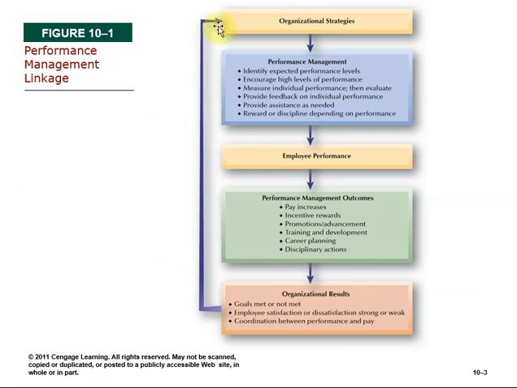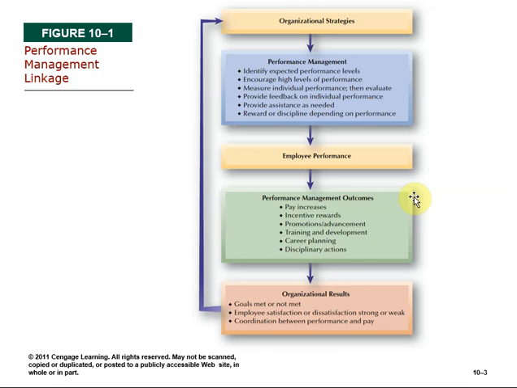This is the overall process outlined on this slide. It always starts, once again, with the organizational strategies and where the organization is trying to go, who they're trying to be, what their key initiatives are that year. That's fed into the performance management process, which then the employee understands what they're supposed to do, and they actually engage in their performance. From there, you look at the outcomes of the employee's performance, and you compare that against what they're supposed to do, and you give them their evaluation.